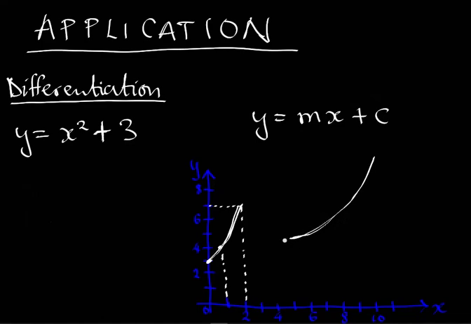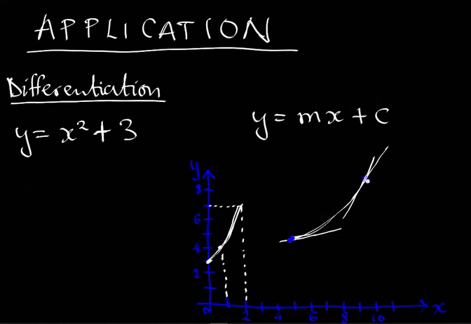Now, if we want to find the gradient at a certain point, let's say a point here, we need to make a tangent. If we want to find the gradient at this point, then we need a tangent there. Now, creating a tangent here, we'll be just estimating the gradient at that point.